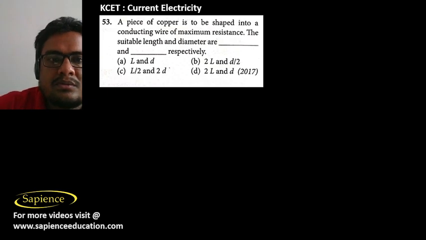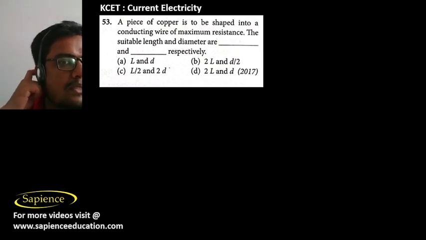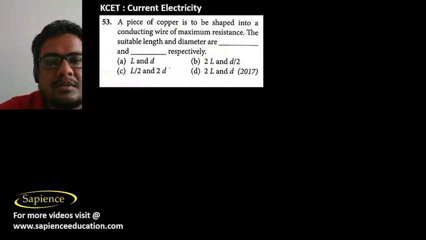Question number 53, it is told a piece of copper is to be shaped into a conducting wire of maximum resistance, suitable length and diameter are. A piece of copper is there, to be shaped into a conducting wire of maximum resistance.